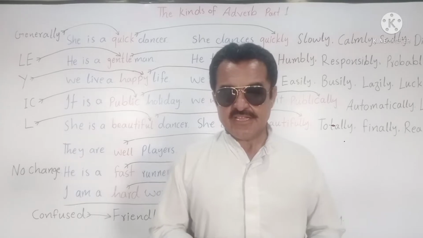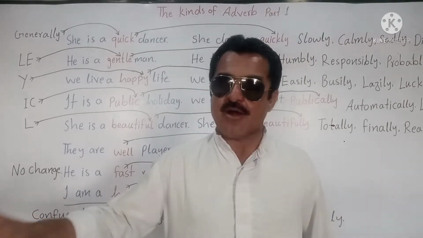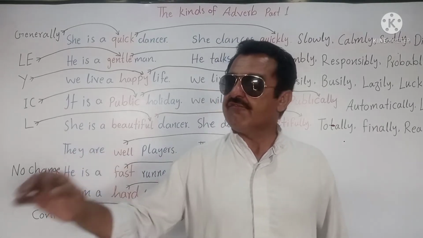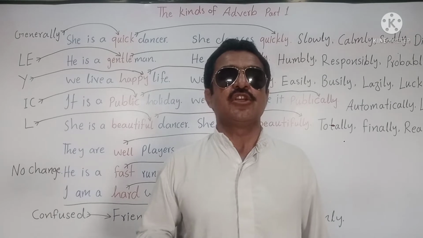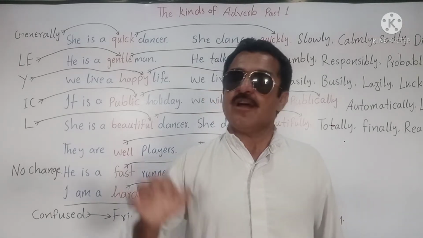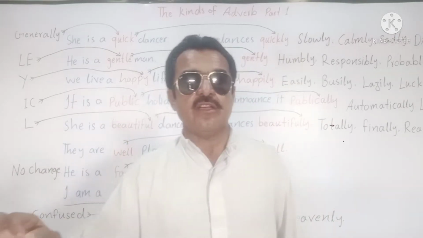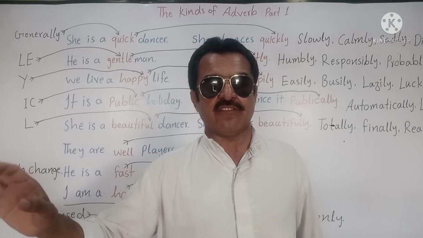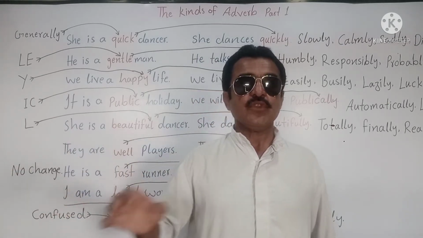Simply you can say, when we modify a noun, when we give information about someone, we use an adjective. But when we talk about someone's actions, someone's work, not about him or herself, we use an adverb. Why?